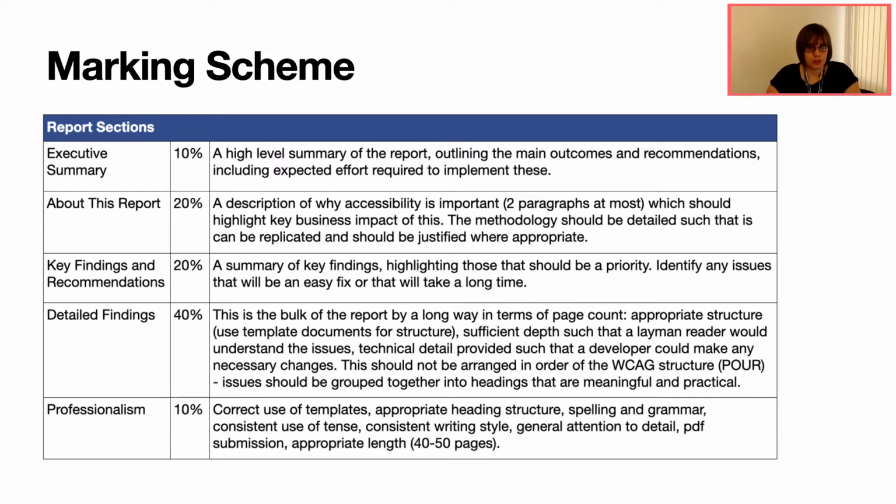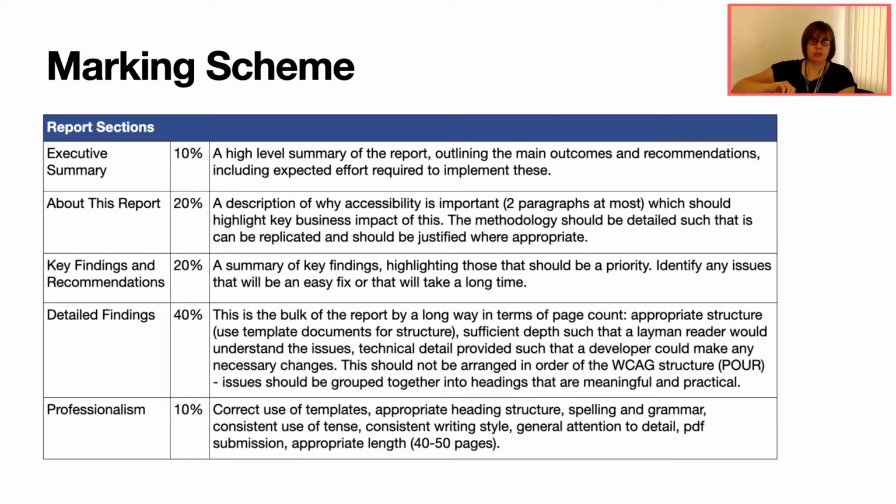Then we have key findings and recommendations. So the thing that we're assessing here is, can you pick out those key things that should be a priority and identify things that will either be an easy fix or things that will take a lot of effort to do. And those are the 2 extremes that people like to be recommended. They either want this, if you can say this will be a quick solution if you do X, Y, Z and you'll solve life for all of this group of people, great.